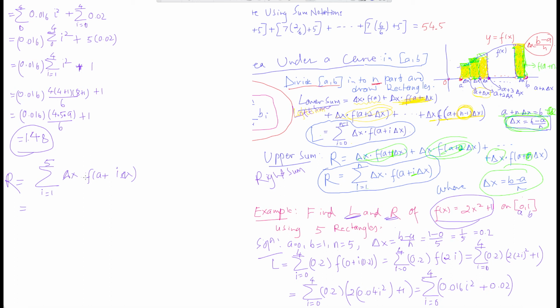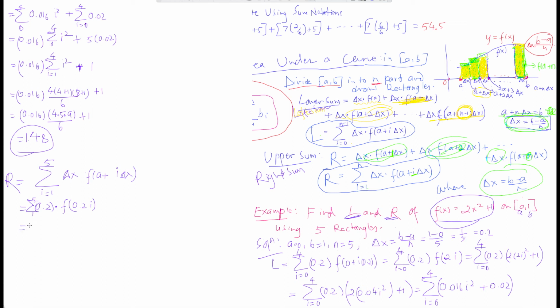So what is the value of delta x? We got delta x is 0.2. So we write 0.2 times summation 1 through 5 of f of a plus i delta x, where a is 0, so 0.2i. You see that? Similar as above.